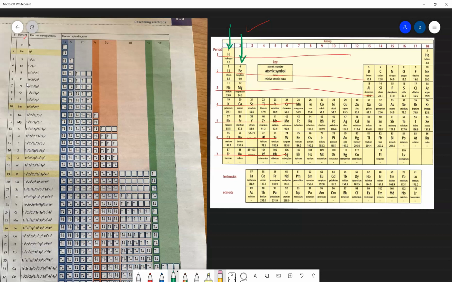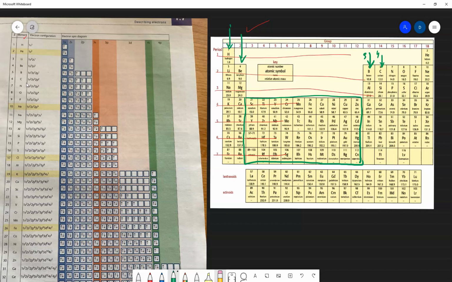And at GCSE level, these are called the transition elements. They're not shown in a group. Group 3 starts here, in the basic periodic table. So this is your group 3, and this becomes group 4.